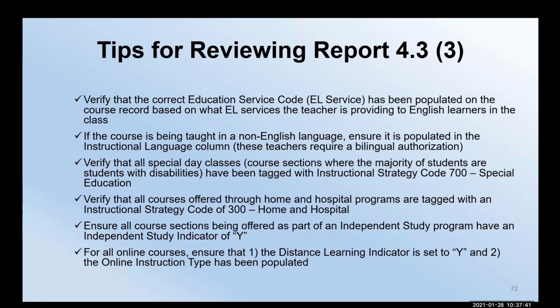Also, if courses are being offered as part of an independent study program, then you need to make sure that the independent study program indicator is marked to yes. Remember, either of those settings qualify for flexibility under 44865, which essentially means the teacher can teach the course as long as they can teach any subject, any grade, as long as they have a full credential based on a bachelor's degree and student teaching. So that's why those two components are really important.